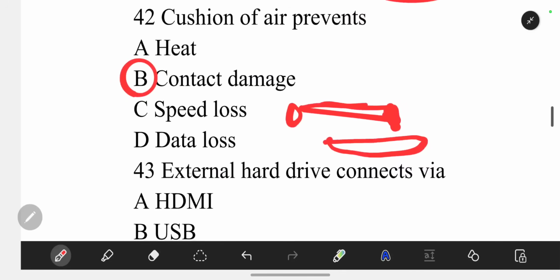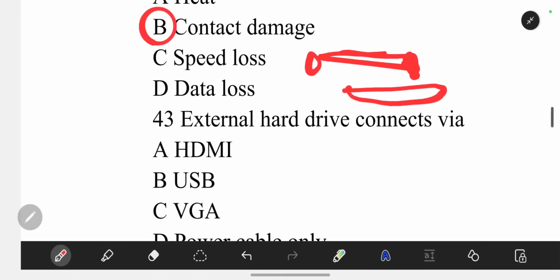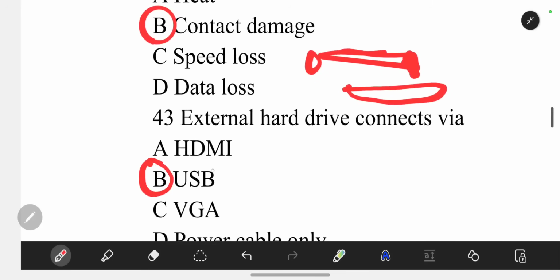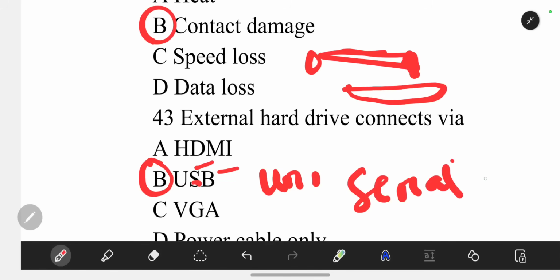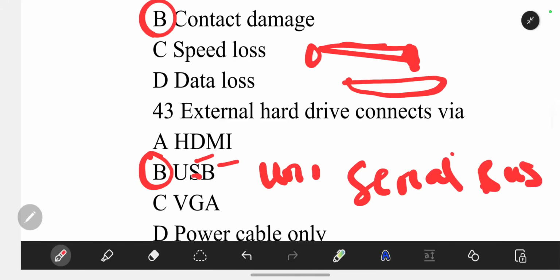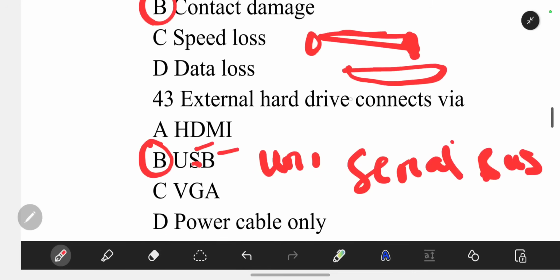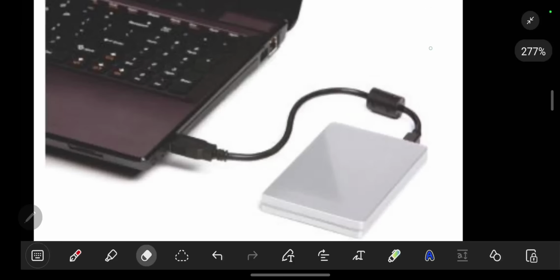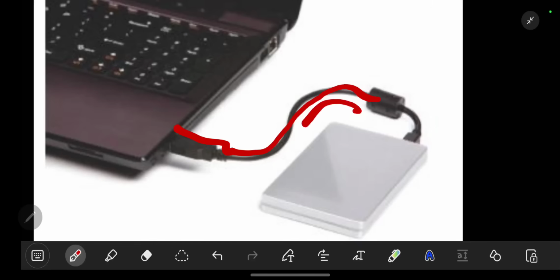When we look at number 43, external drives connect via what we call the USB, which is the universal serial bus. So this is what connects external hard drives. Let's imagine that this is our USB, which looks like that.